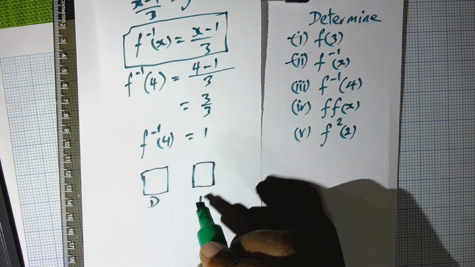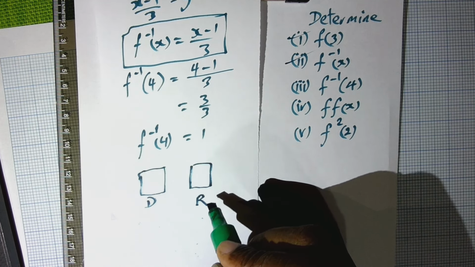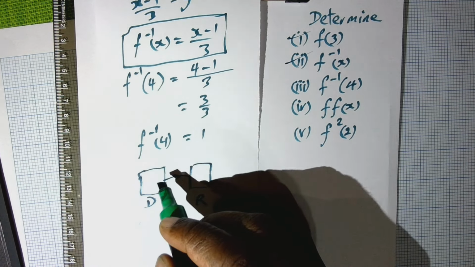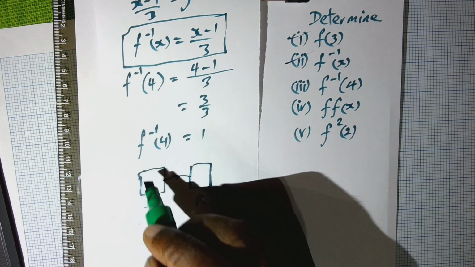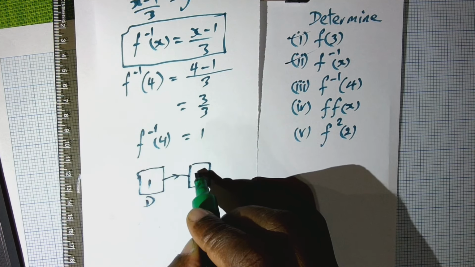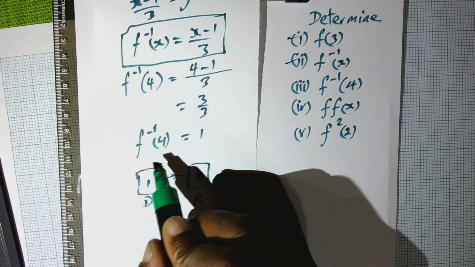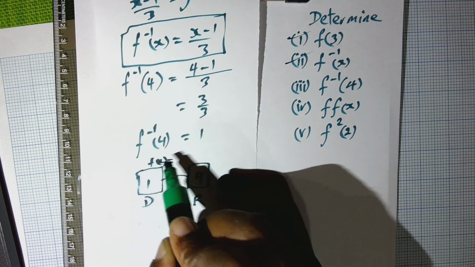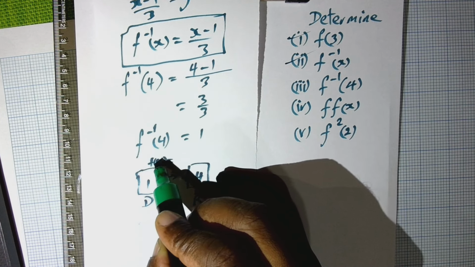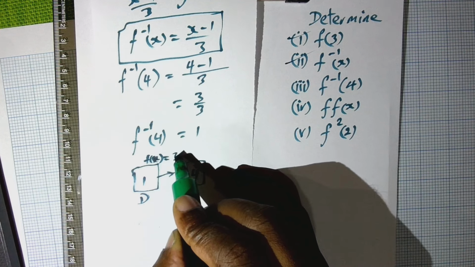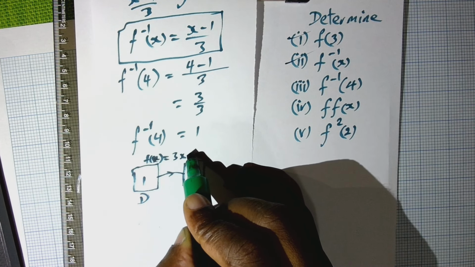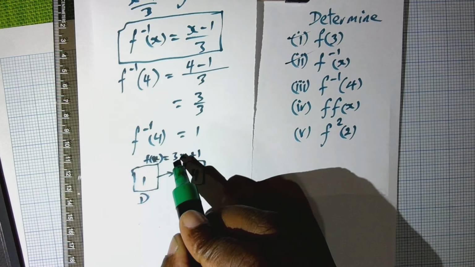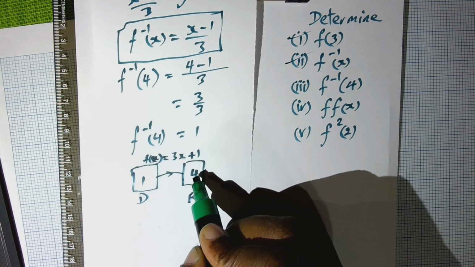The range values. And so going from the domain to the range, we use a regular function, and so we inputted 1, and we get 4 by using the regular function, which is f of x equals 3x plus 1. When we input 1, it'll be 3 1s, 3 plus 1 is 4.